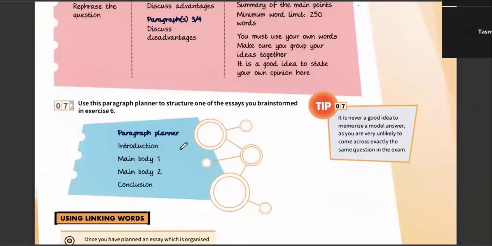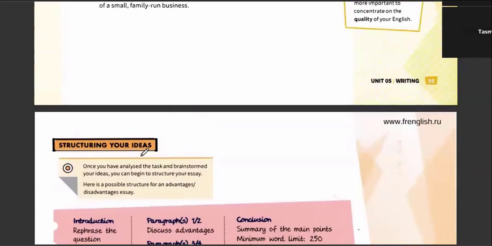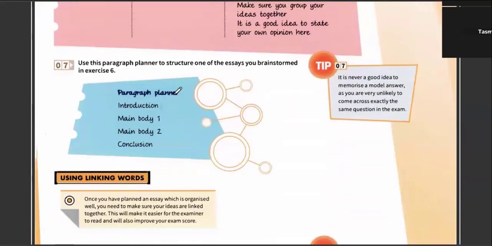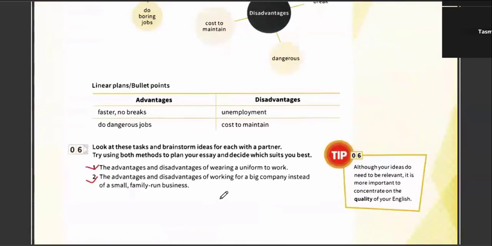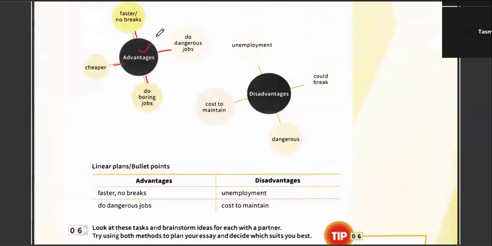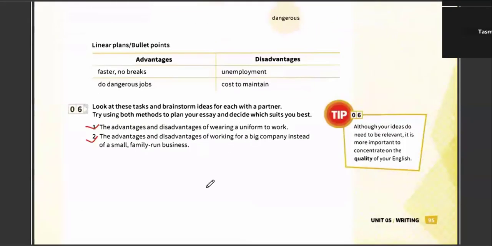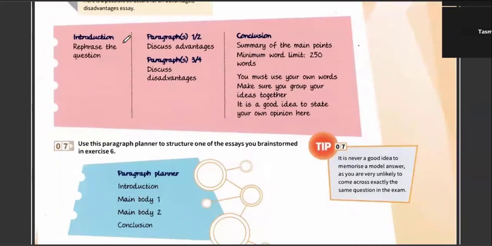Okay, before you send me the picture of this mind map and linear map, you complete activity 7, okay? You just write down the ways you can structure any one of number 1 or 2, okay? Use this paragraph planner to structure one of the essays you brainstormed. What you have to do is take the points that you gave here, the advantages and disadvantages, and write them down like this.